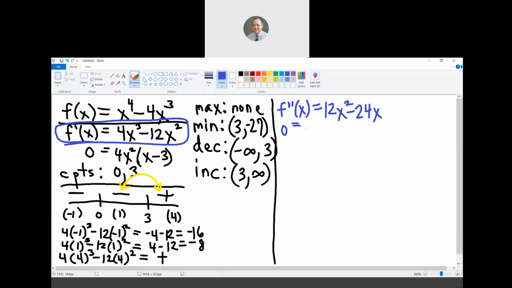And that's 12x. And what we're left with is x minus 2. So our critical points, when you solve for x, are 0 and positive 2. What we do with our critical points is put them on our number line.